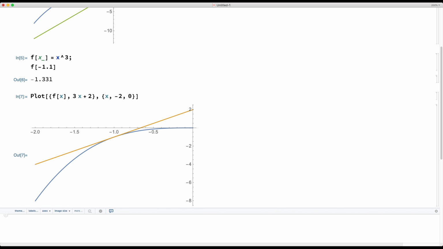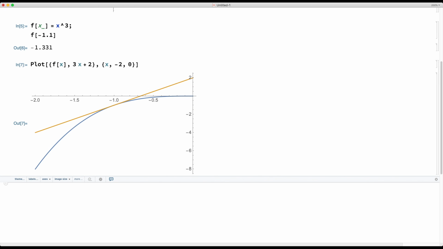Okay, so if I want to know what is f of negative 1.1, I'm basically asking what is the y value right there where my mouse cursor is, along the blue line. Well, isn't that pretty dang close to where it would be on the orange line? Yeah, okay. So what was my tangent function? I'll call it g.